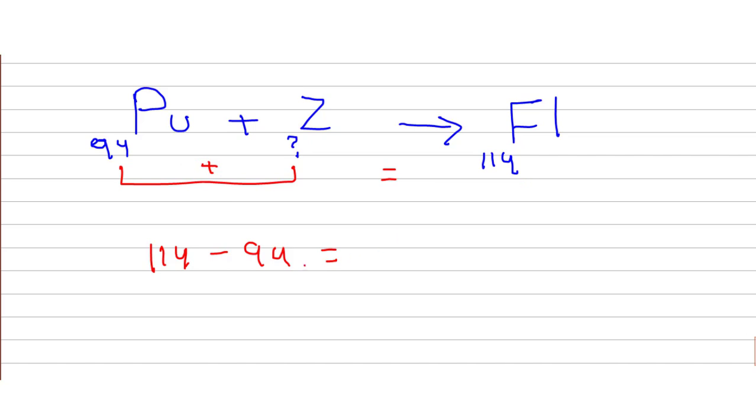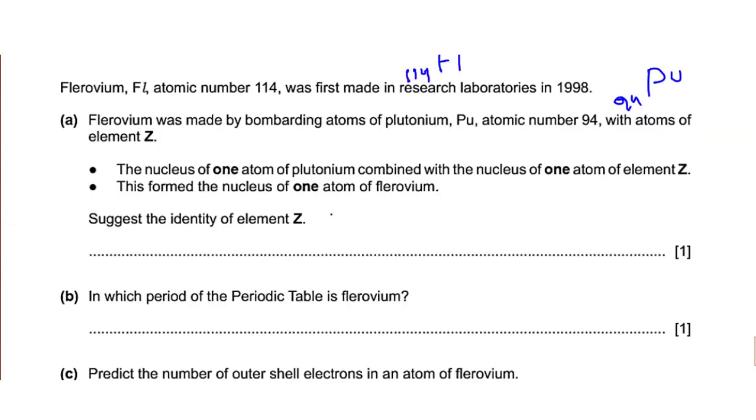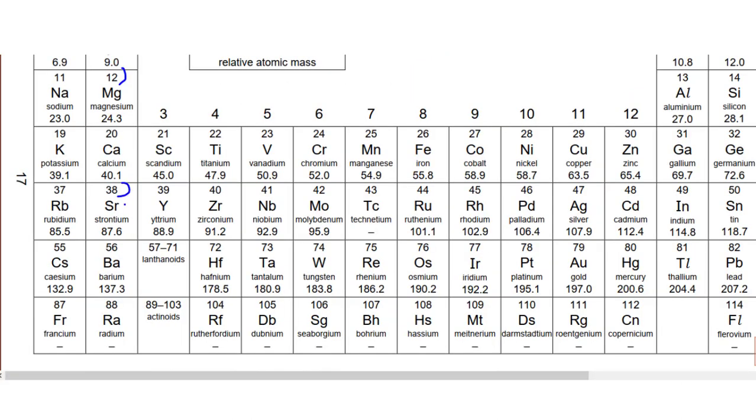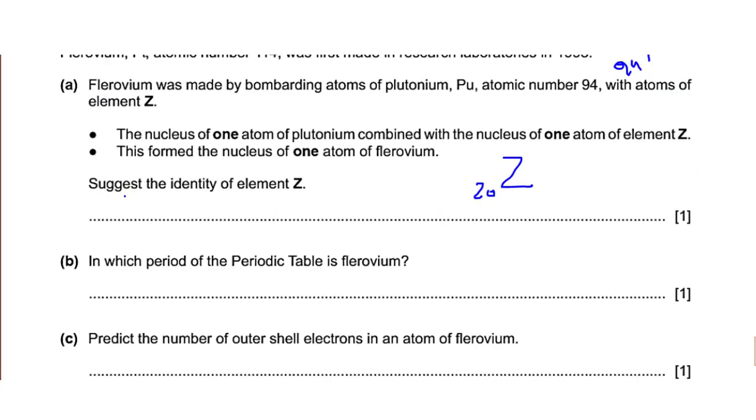So 114 minus 94 equals 20. We discovered after calculation that this element Z, its proton number, is 20. So let's check in the periodic table what is 20. Of course, it's calcium. So the element is going to be calcium.